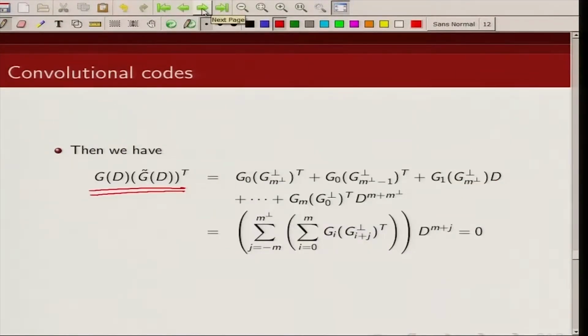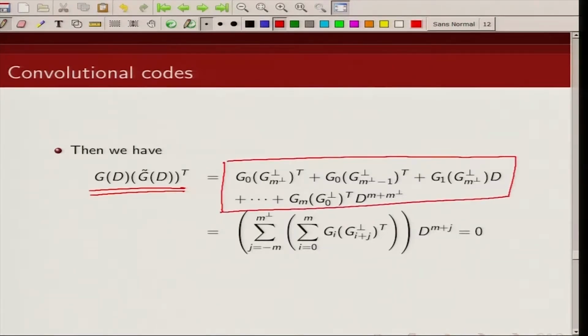So, we do this. This can be written as this term. Okay. Now, further we can write this as a double summation, and what is this? This is the generator matrix of the dual of this. So, this G(D) G transpose should be 0, right.